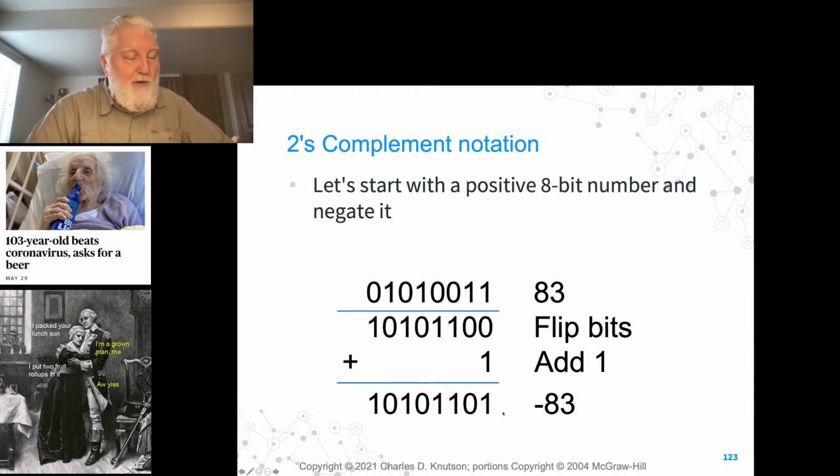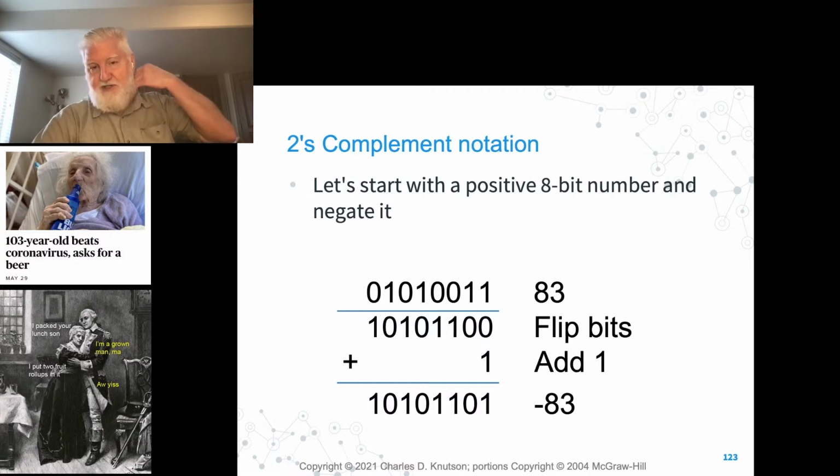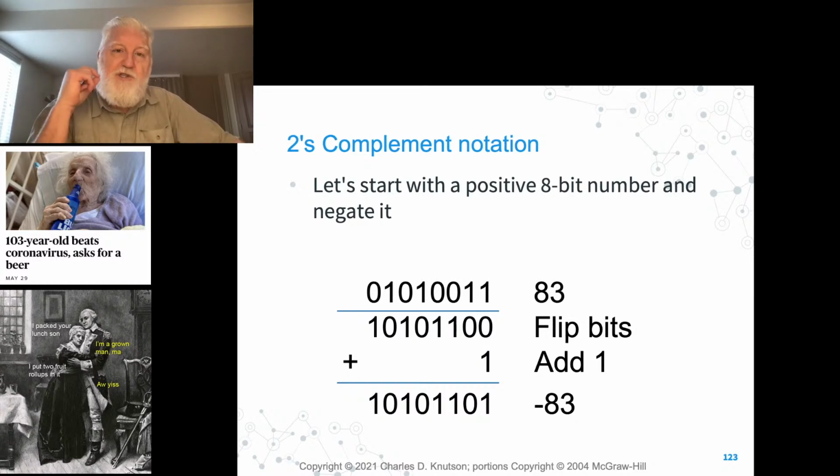Now I want to be really, really clear about something, and I don't know why this persists, but I want to be clear about it at the risk of even creating a little bit of confusion. 2's complement is a notation. It is the name we give to a notation. If I say this is a 2's complement integer, then it is an integer.